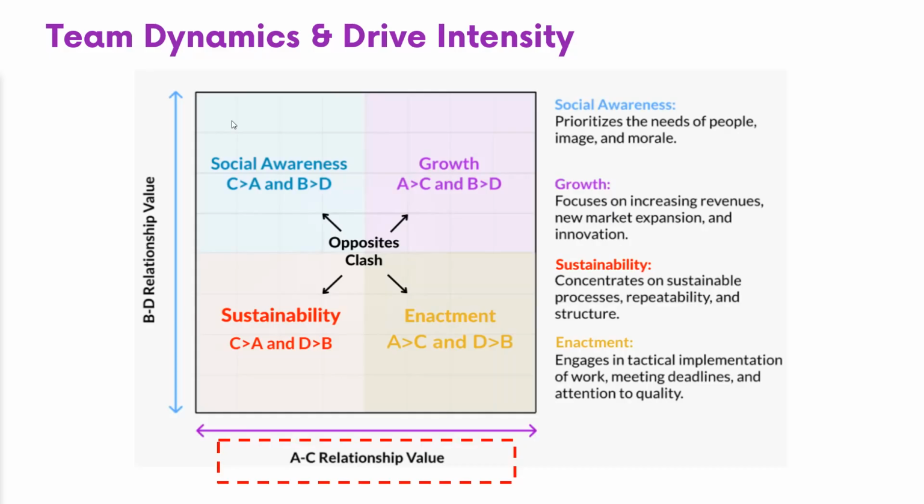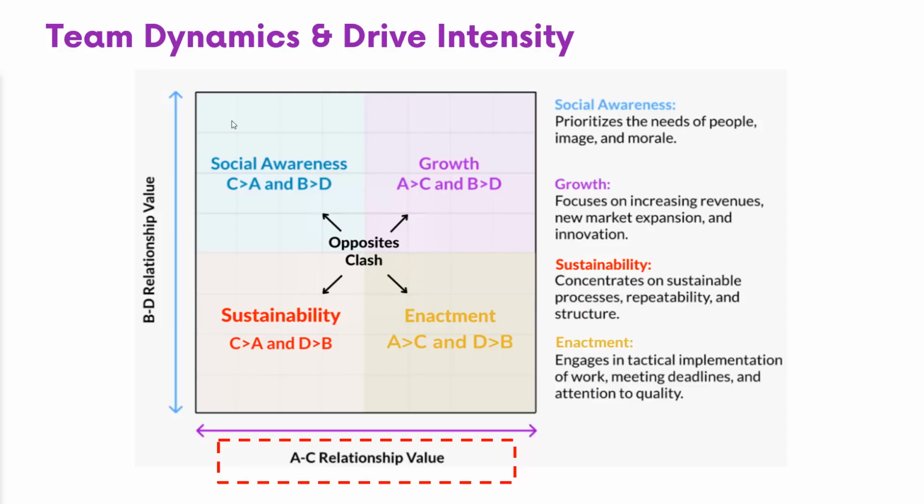So again, when you look at the upper right-hand quadrant of growth, you're going to find that those profiles have A greater than C, and the B drive greater than the D drive. And in social awareness, you're going to have a lot of drives that are very social. So you're going to have a lot of that low A, high B, high C, and low D, 100% social profile.